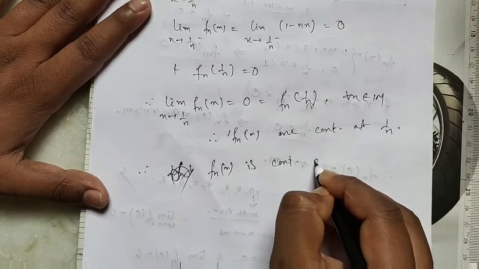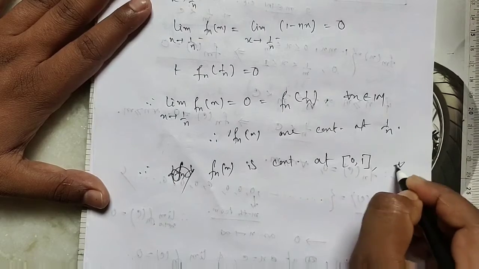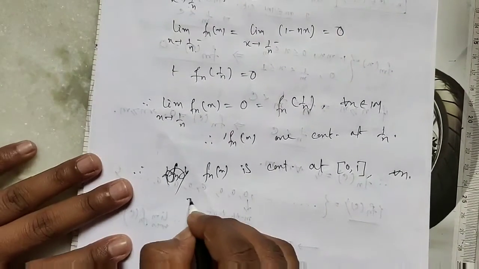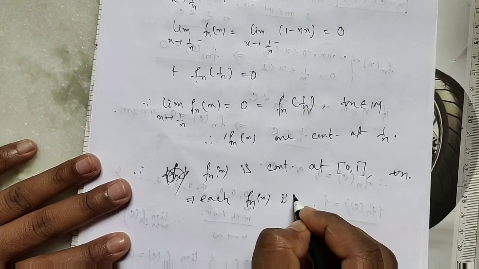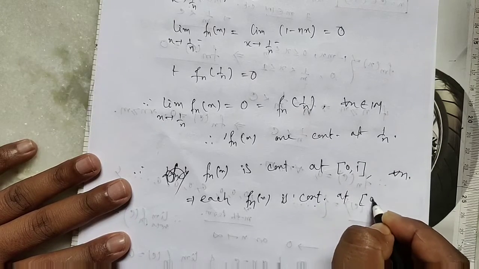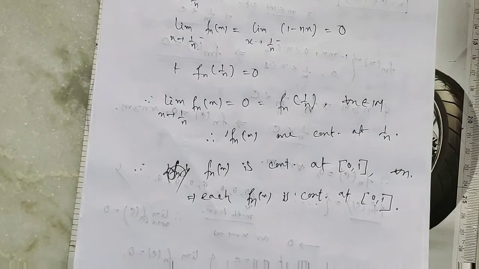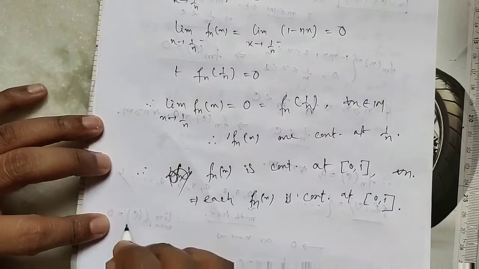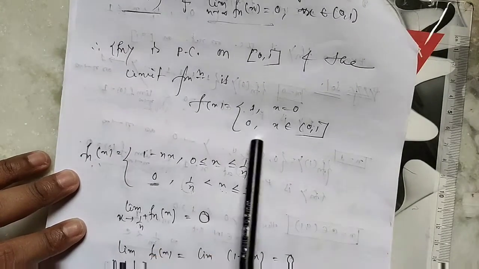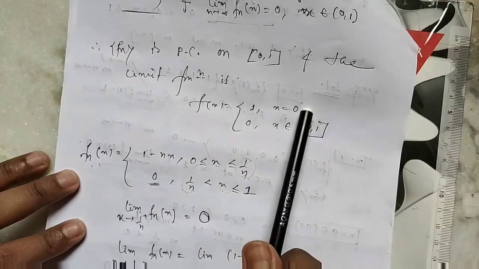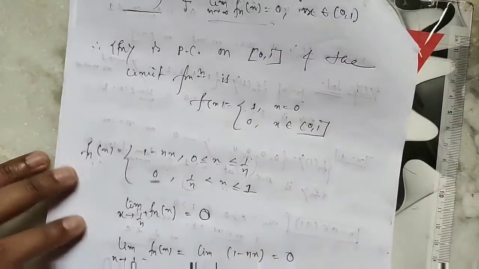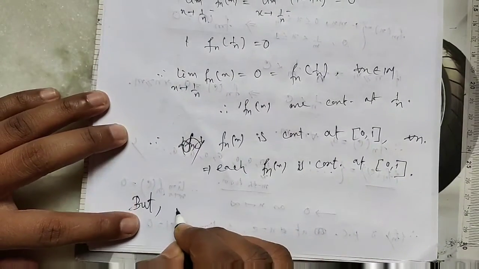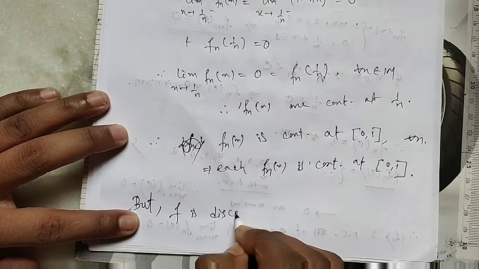Therefore fn(x) is continuous on [0,1] for all n. Each fn(x) is continuous on [0,1], but the limit function f is discontinuous at 0.